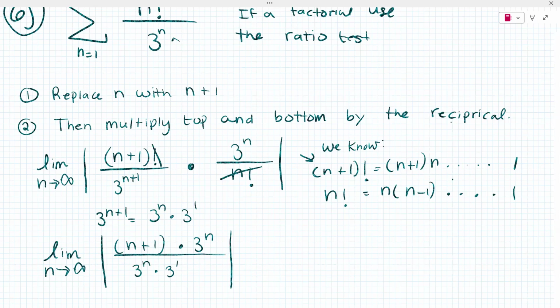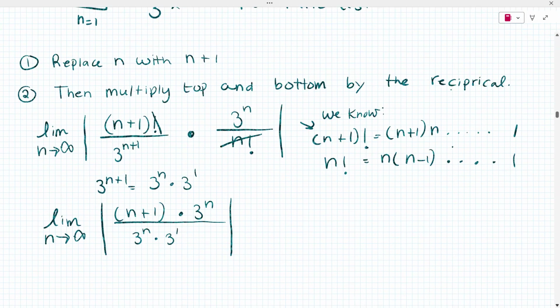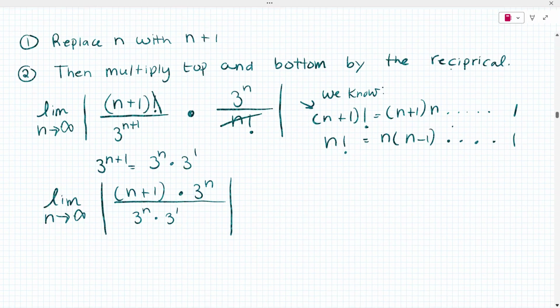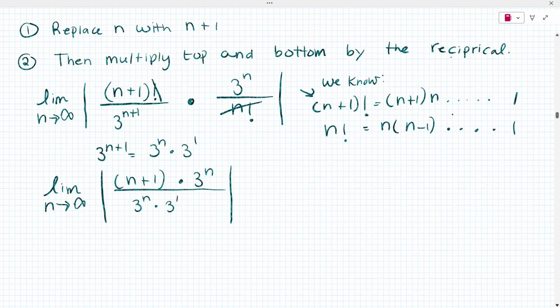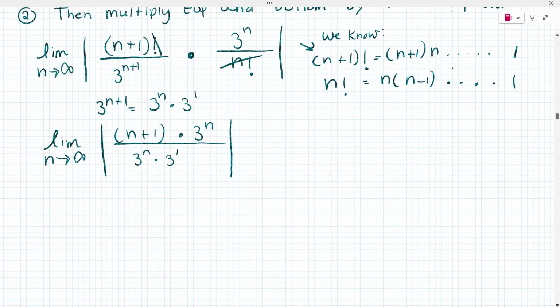What happens is now you're left with n plus 1 in the absolute value.